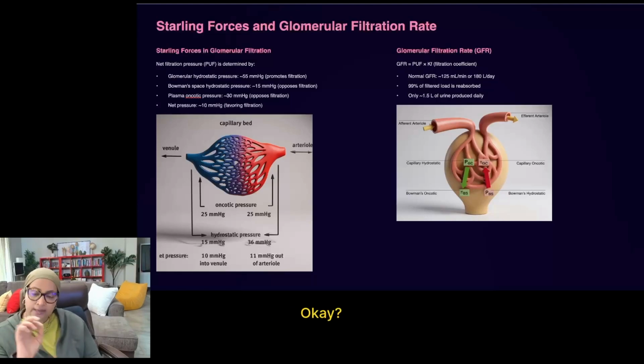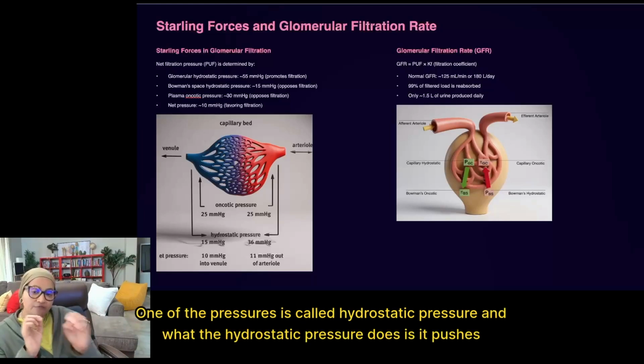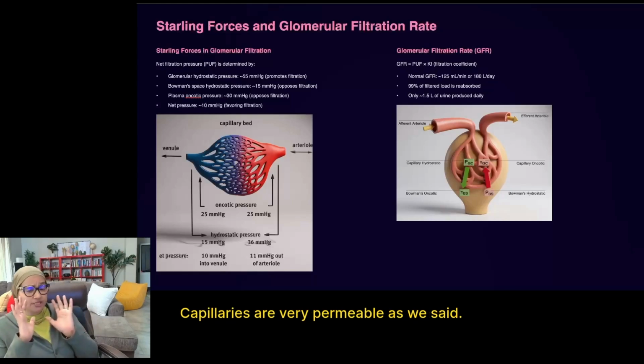fluid. This happens because we have two opposing pressures. One of them is called hydrostatic pressure, and what it does is push the intravascular component out of the capillaries. Capillaries are very permeable, as we said.